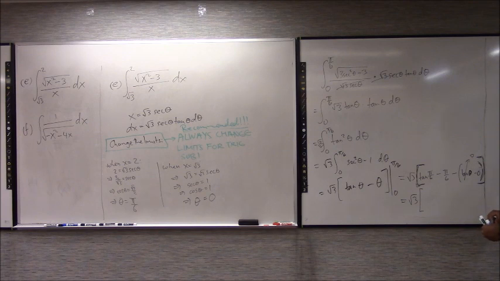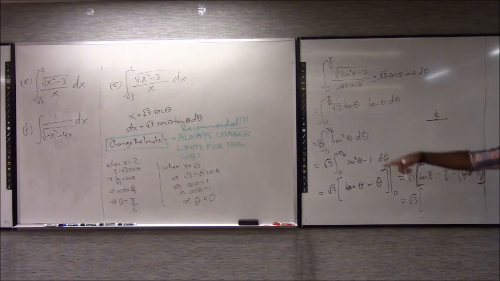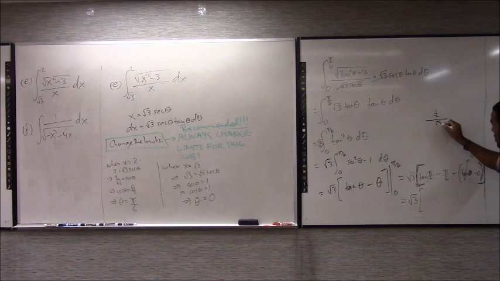You can remember that tangent is sine over cosine. So what is sine of pi over 6? Sine of pi over 6 is 1/2. What's the cosine of pi over 6? Radical 3 over 2. We actually did it over there. Keep, change, flip. That becomes 1 over radical 3.